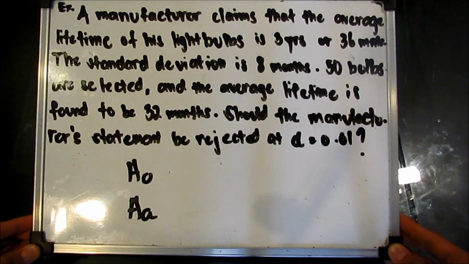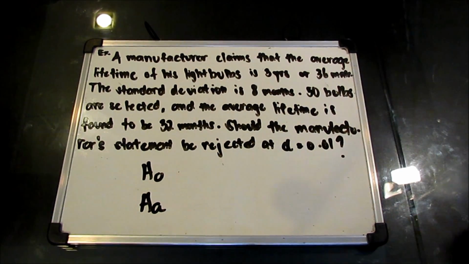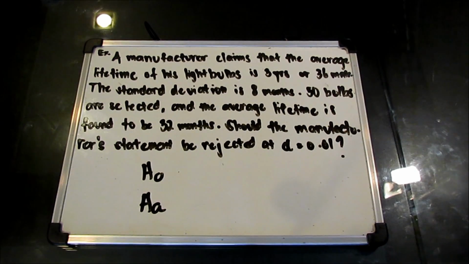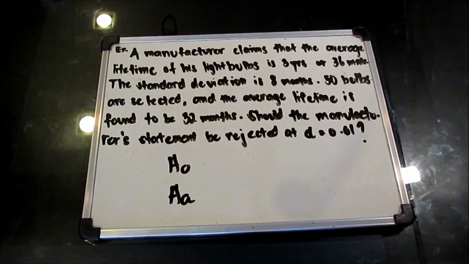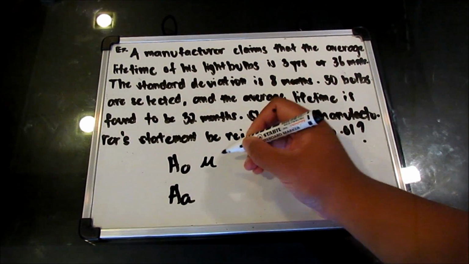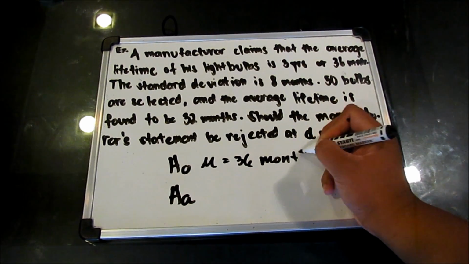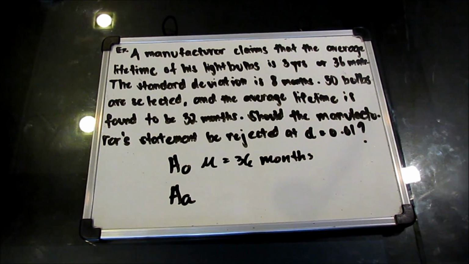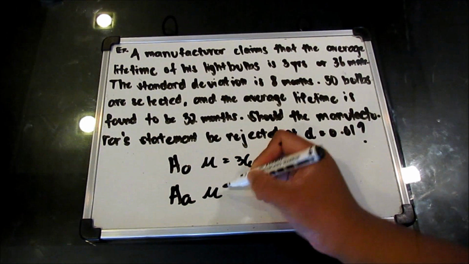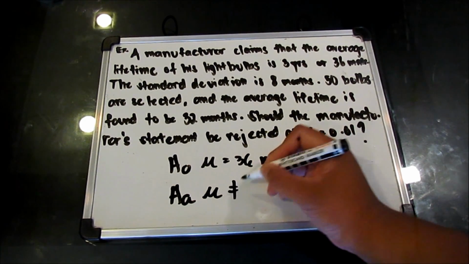So to determine the null and alternative hypothesis, we should look for the hypothesized mean, which is 36 months. So the null hypothesis: hypothesized mean equals 36 months. Now for the alternative hypothesis, the hypothesized mean is not equal to 36 months.